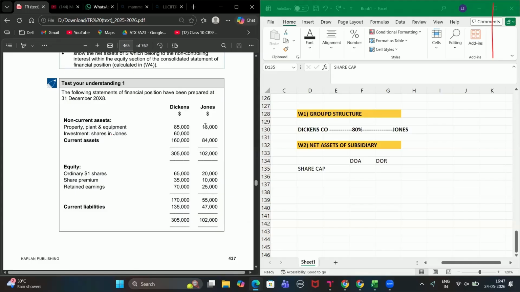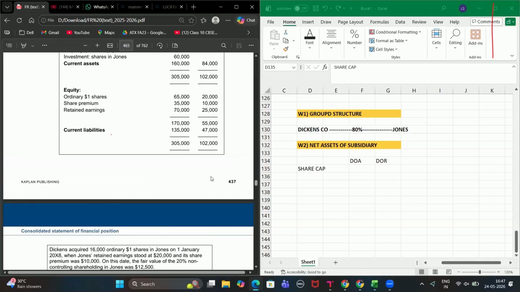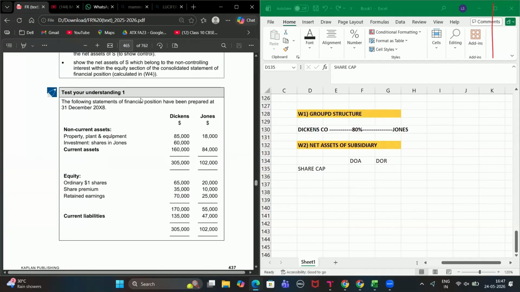See, when did we acquire Jones? We acquired Jones on 1st Jan 20X8. That is the acquisition date. But what is given here? They have given the individual financial position of Dickens and Jones as prepared at 31st December 20X8.